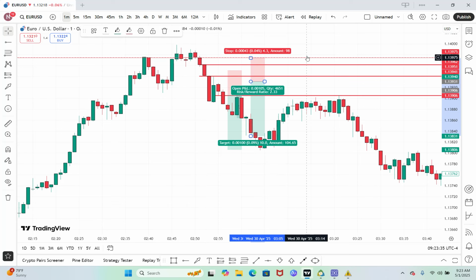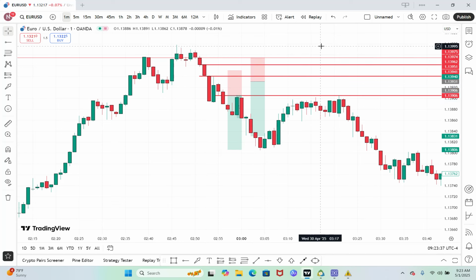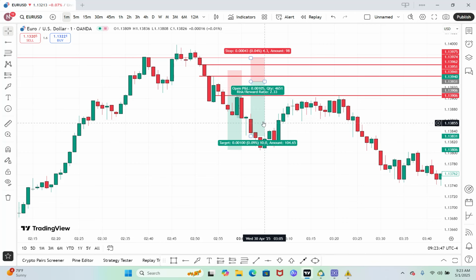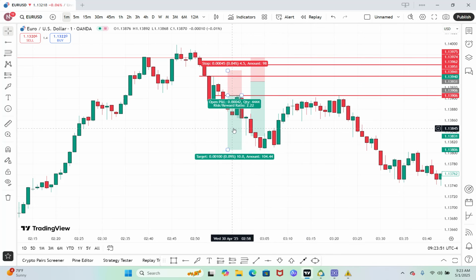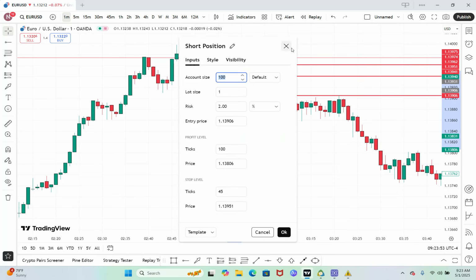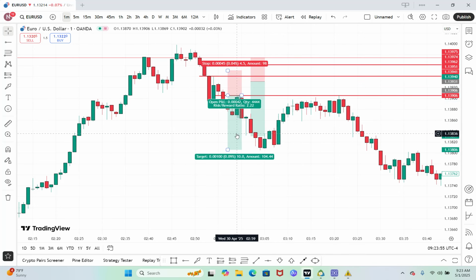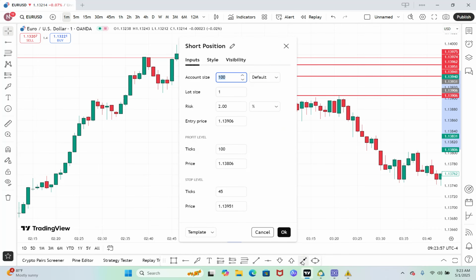In trading, there's no way for you to know if the trade is going to be a winning trade or a losing trade. Nobody can predict what the market is going to do. There's no way to predict the market with 100% accuracy.